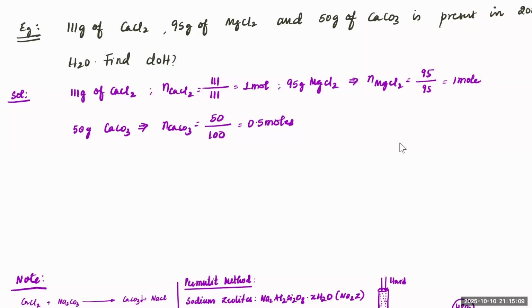It has nothing to do with the form, chloride or sulfate or carbonate. So that's why we say hardness is expressed as calcium carbonate equivalent. In total, the equivalent of calcium carbonate giving the effect is 2.5 moles.